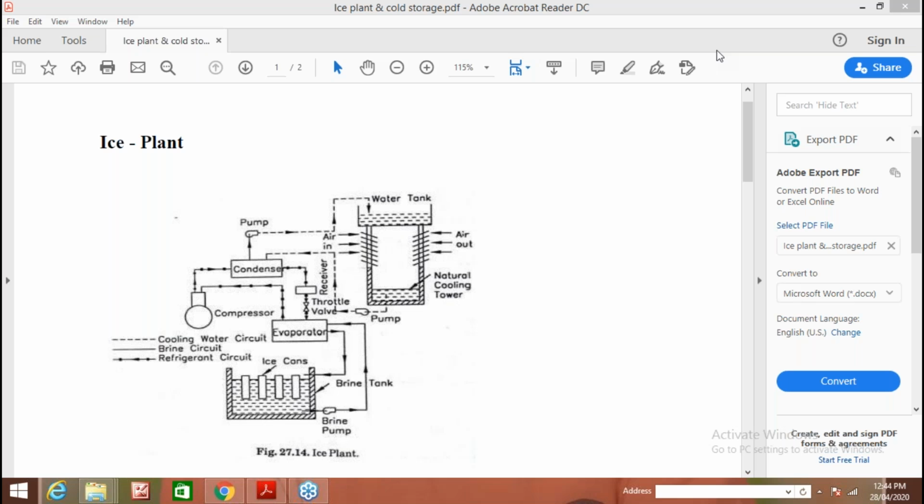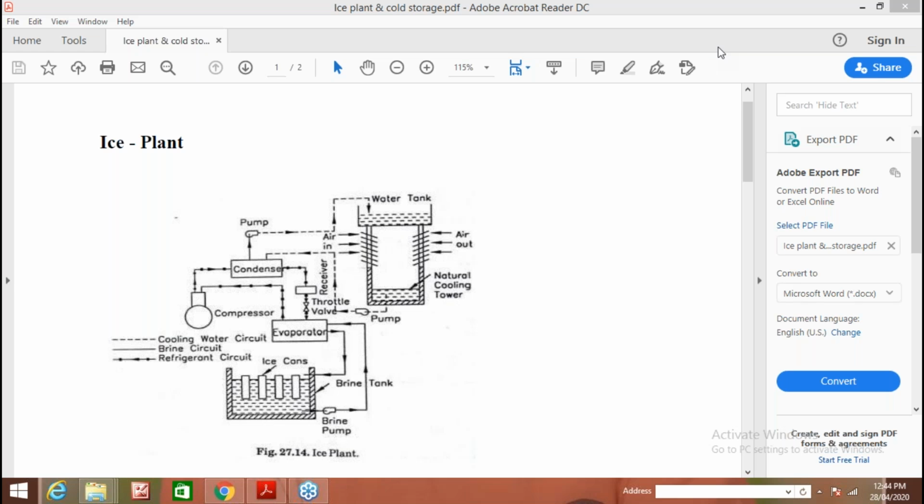Okay. So generally, sodium chloride or calcium chloride is used as brine, as it is less hazardous or less injurious, because brine is in direct contact with ice.